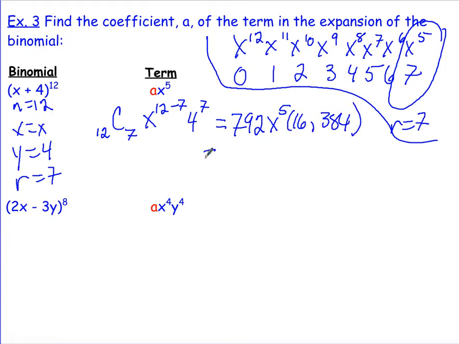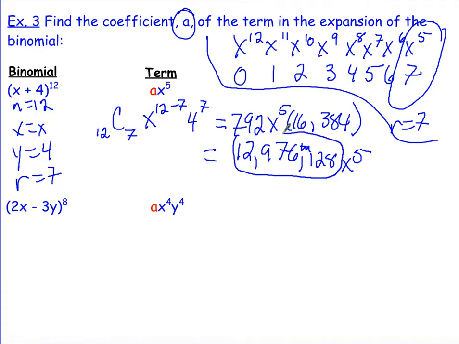And you type this into your calculator, you're going to end up with 12,976,128 x to the 5th. Now this is just asking for the coefficient, so all I really need is just the coefficient here. And that's your answer.